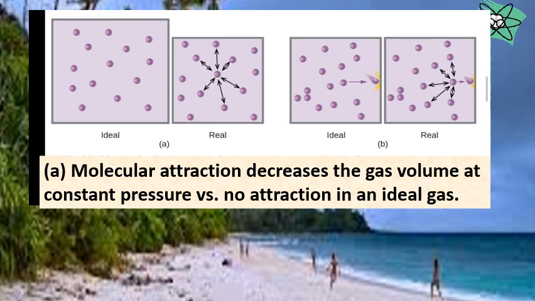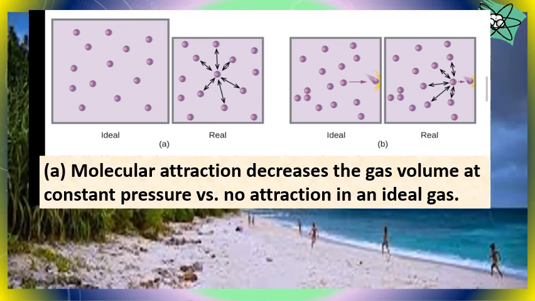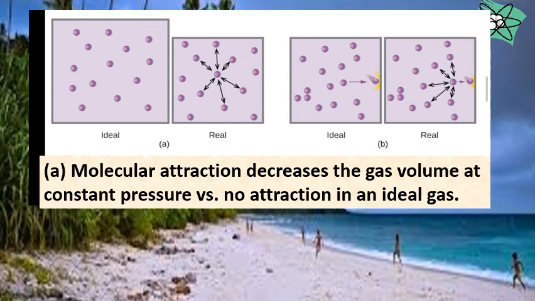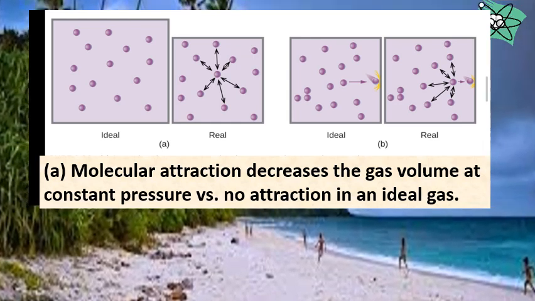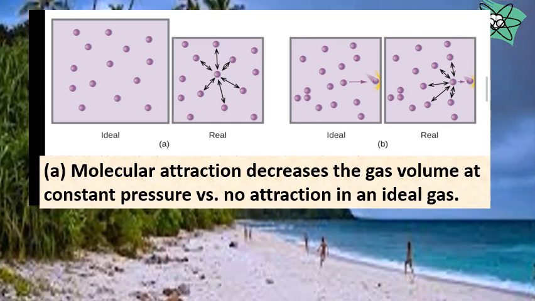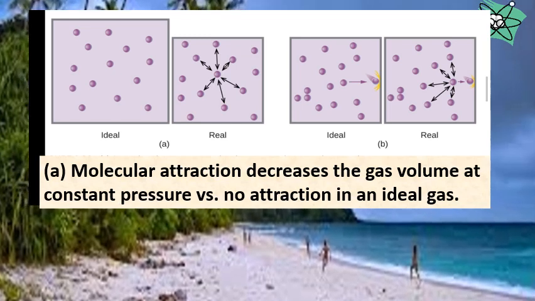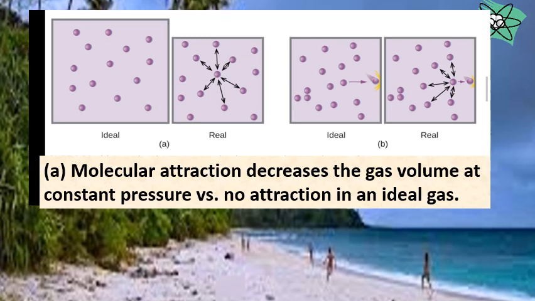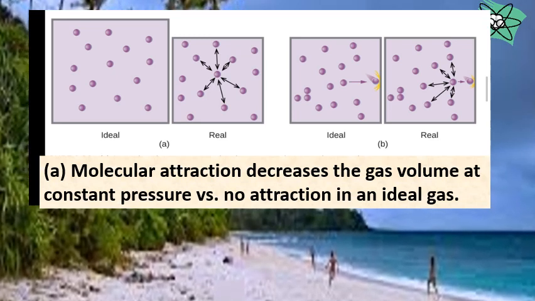At relatively low pressures, gas molecules have practically no attraction for one another because they are, on average, so far apart, and they behave almost like particles of an ideal gas. At high pressures, however, the force of attraction becomes significant.